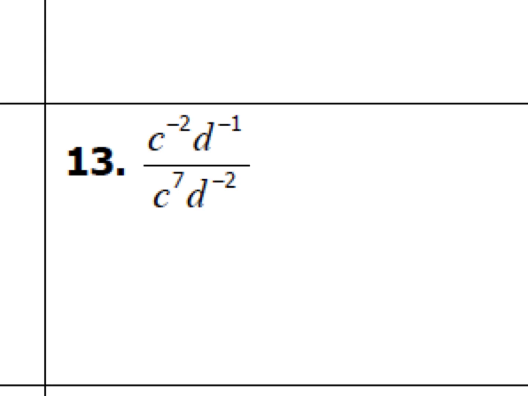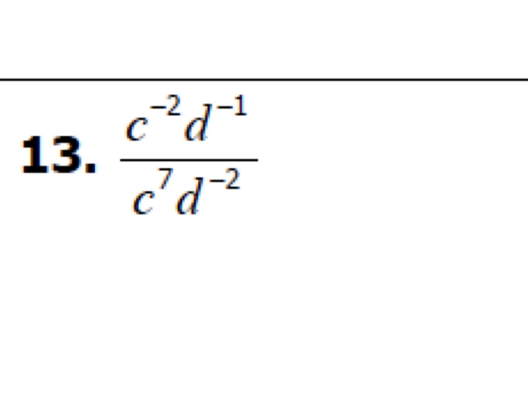D to the first over C to the ninth. Anybody get that? D to the 3 over... No, 9. What did you say? Oh, to the -5th power? Oh, no. -2 minus 7. So here's the deal. When it's division, you're subtracting. So C to the -2 minus 5 and D to the -1 minus -2.